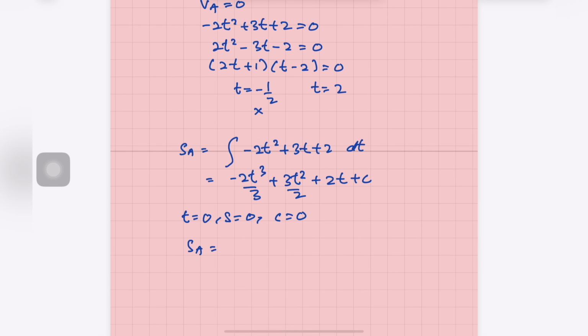So s for particle A is negative 2 over 3 t cubed plus 3 over 2 t squared plus 2t.